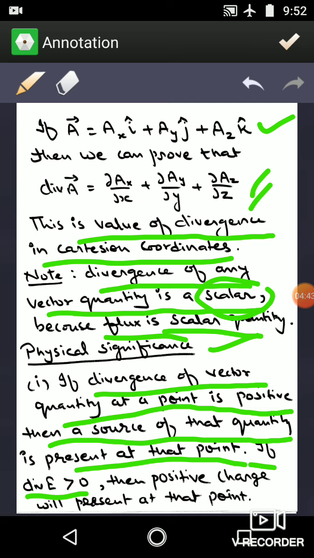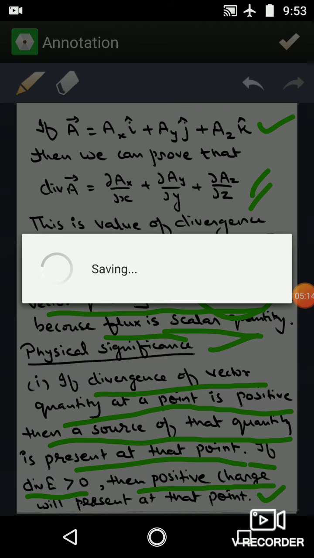Divergence of electric field is greater than 0. It implies flux is coming out from that particular point. And if flux is coming out from that particular point, a positive charge should be present at that point. Therefore, if divergence of a vector quantity is positive, then a positive charge or a source should be present at that point. Okay, let us move on to the next page.